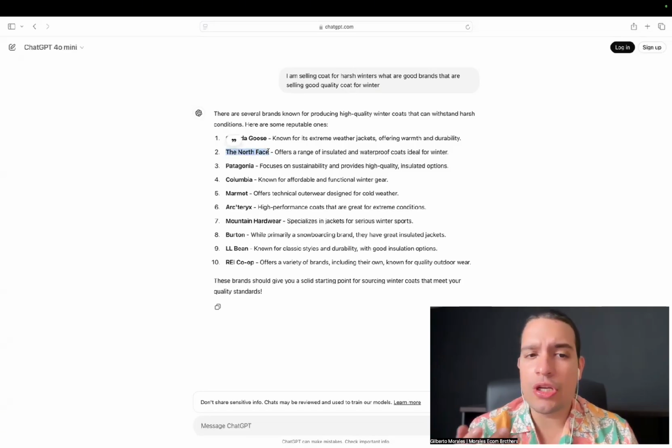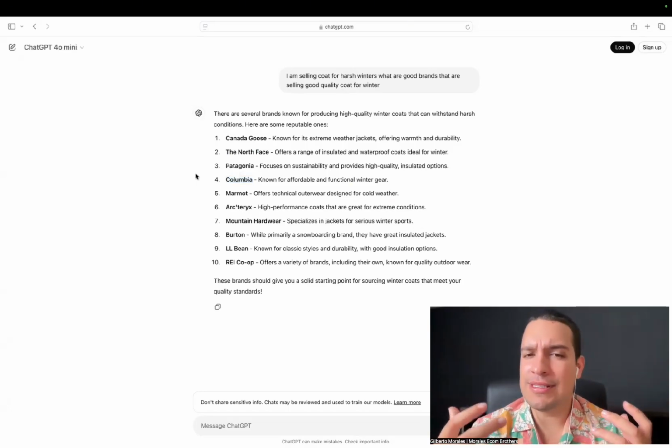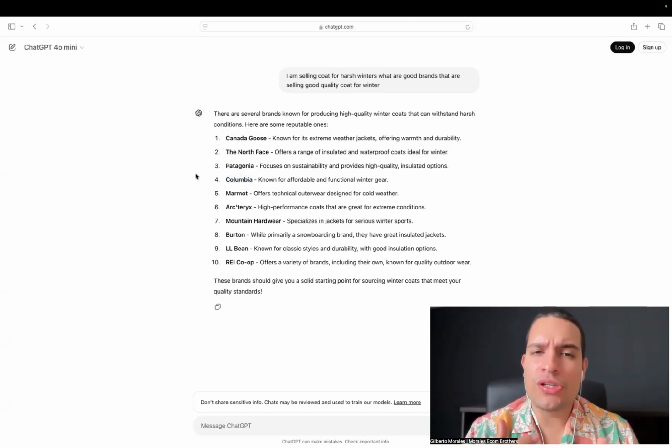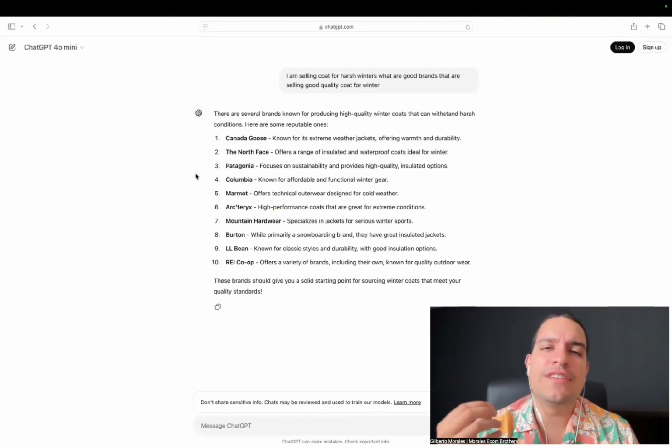But yours could be more Patagonia or Columbia. Columbia is more, I believe, a hiking brand, something like outdoor adventure. And the product that I was selling is more a coat that is classy, like North Face, stylish. And that's what I went with instead of something that is outside, climbing.